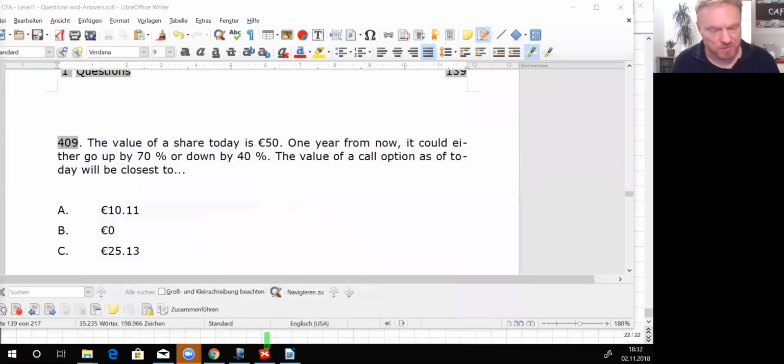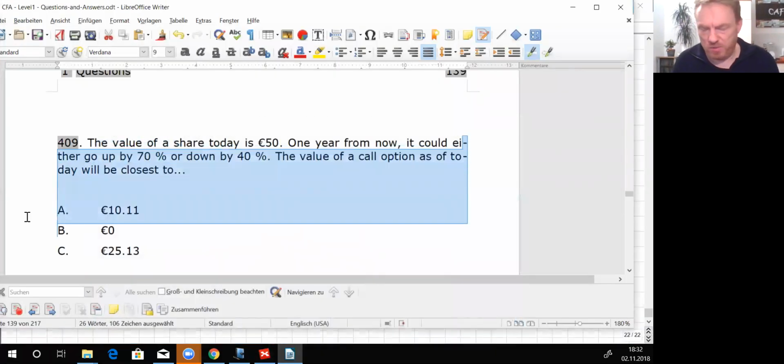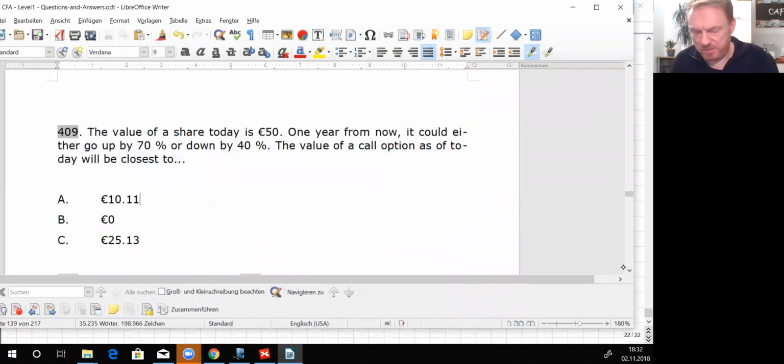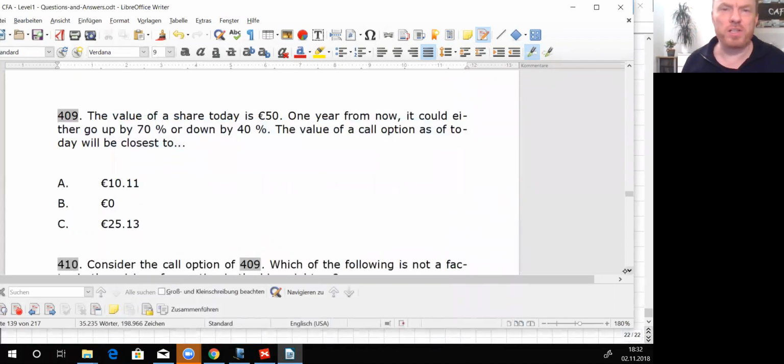But let us see. I have something for you now. This little task, question 409 out of my mock exam questions, out of the very many questions that we have now on lamberteducation.com or on www.daniel-lambert.de.